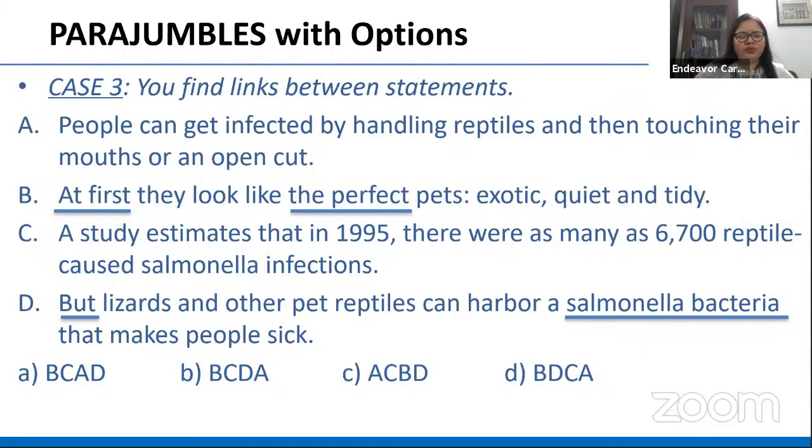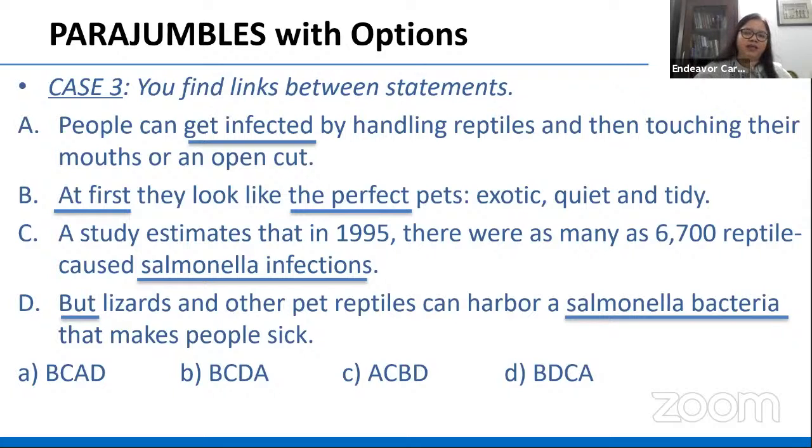What's the connection? In the first place, let me look at where do I place C, where do I place A? What does A talk about? A tells me how people get infected. How do people get infected? They get infected by handling reptiles and then touching their mouths or an open cut.